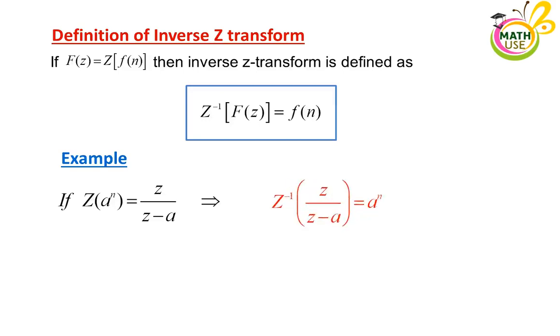Then we get Z inverse of z by z minus a, so the inverse Z transform of z by z minus a is a power n.